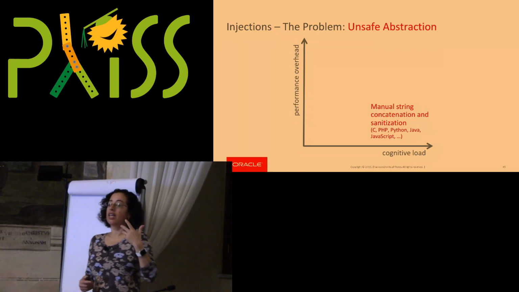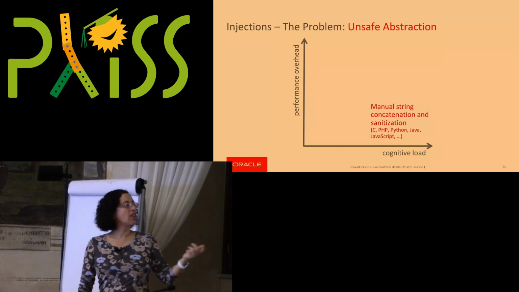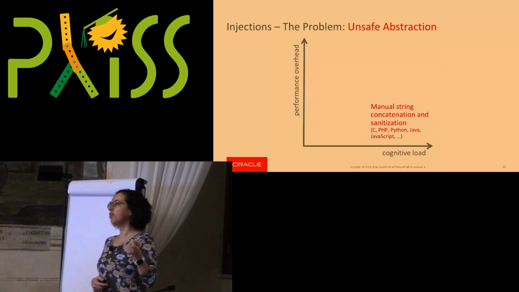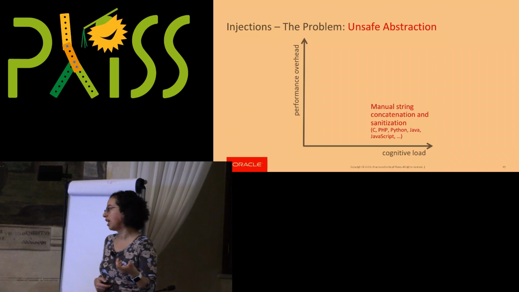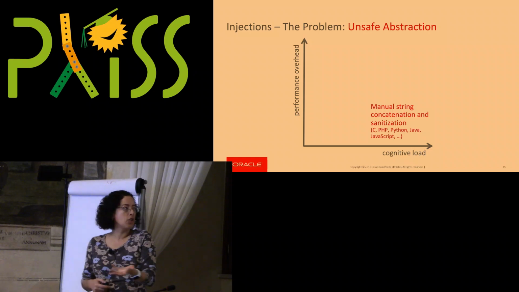We're just concatenating many strings, and then assuming that the developers know at which point in the program they're going to do sanitization. Where are they going to check to determine that the string is valid for the type of operation you're going to execute?